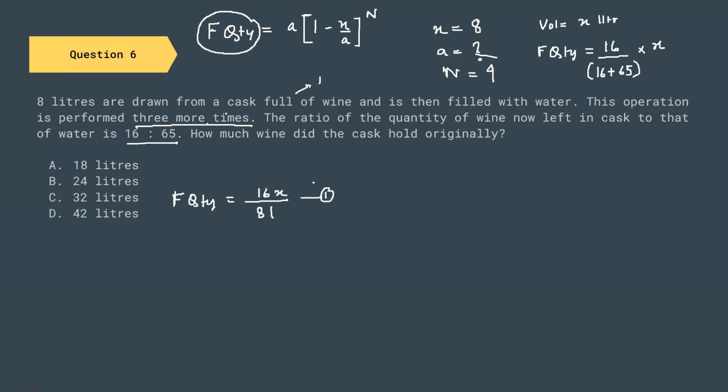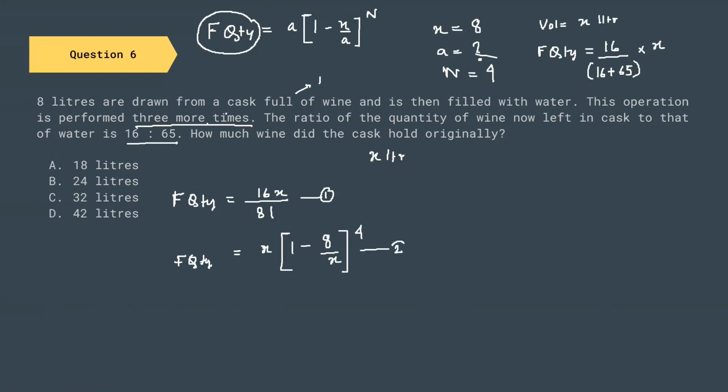Initially, the wine X quantity or X liters of wine was there. That was your pure quantity. Okay. So if this was your pure quantity, the next equation will be final quantity can also be expressed as X, that was your pure initial quantity, times (1 minus 8 divided by x), and this operation was performed 4 times.